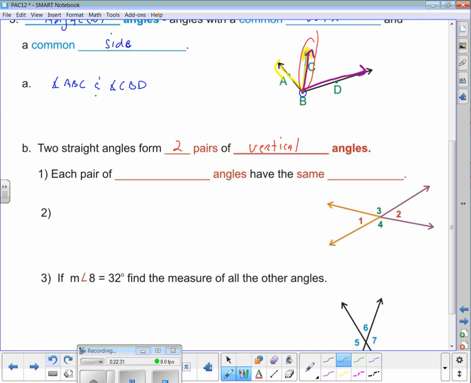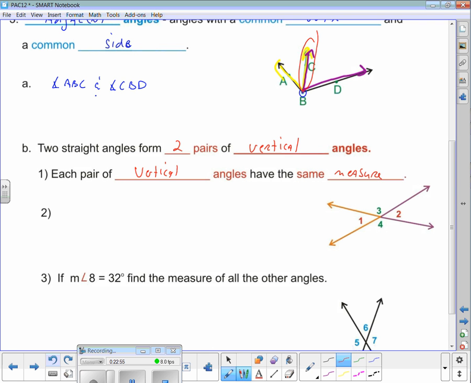Two straight angles form two pairs of vertical angles. Each pair of vertical angles, and this is the key concept with vertical angles, have the same measure.